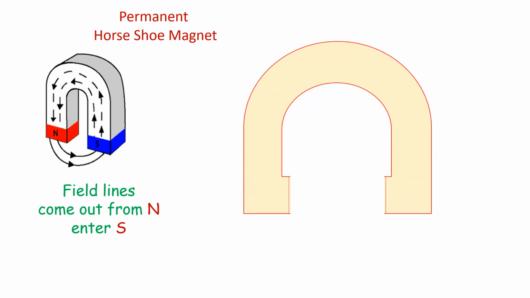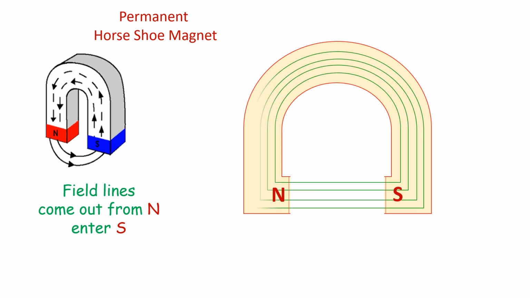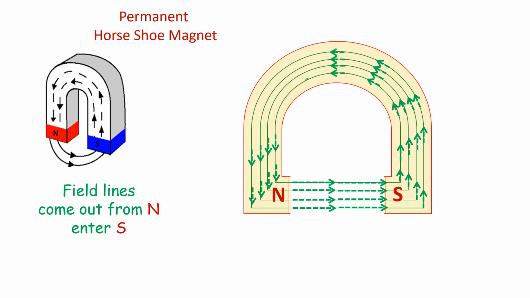This is the horseshoe magnet having north and south poles. Magnetic field lines appear around this magnet. We know the field lines come out from the north pole and enter the south pole, go round and form the closed lines.